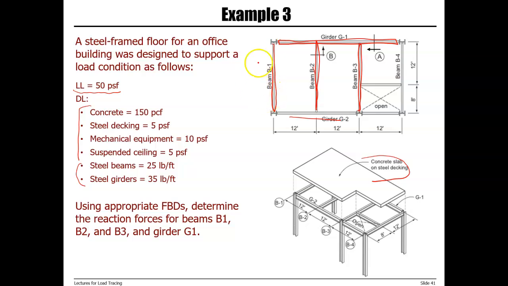So we're looking first at beam B1, then we will look at free body diagrams of beam B2, then beam B3, and then finally girder G1. So this is B1, B2, B3, and girder G1 is here.